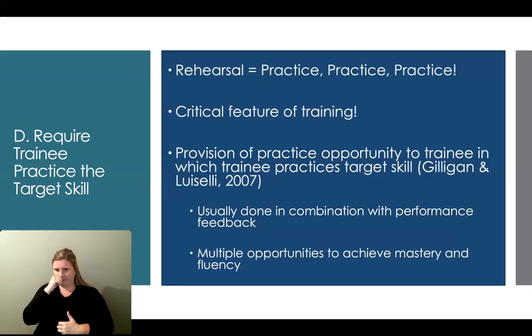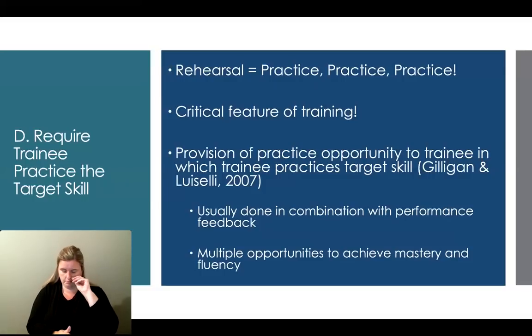Rehearsal. As important as the other components, this is perhaps where we have to spend the most amount of time. We model the skill, we have provided rationales, explanations, clarifications, and modeled the skill. Now it is time for our paraeducators to practice the skill.